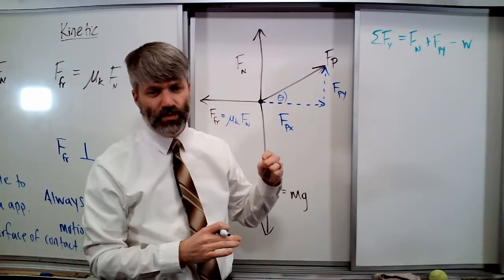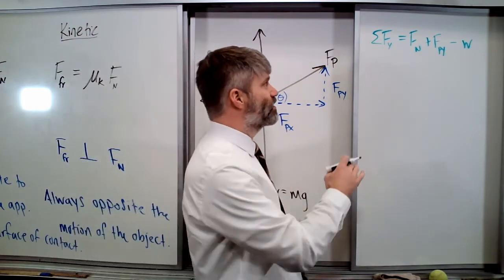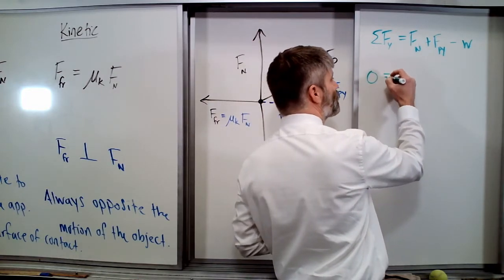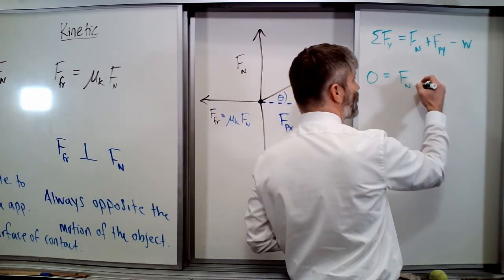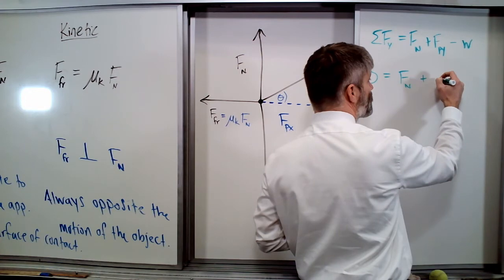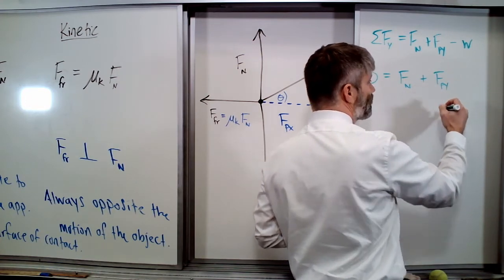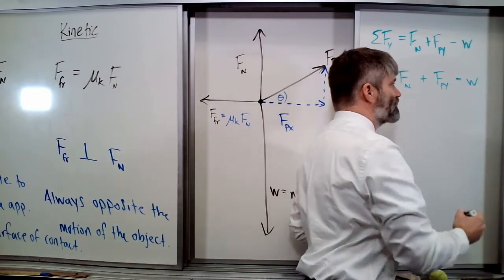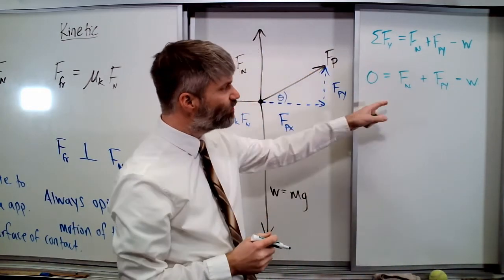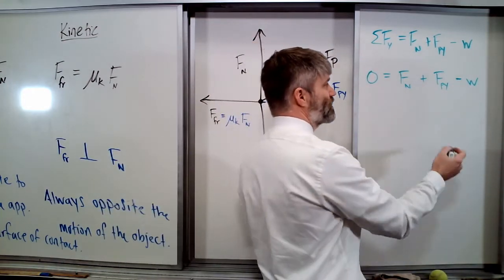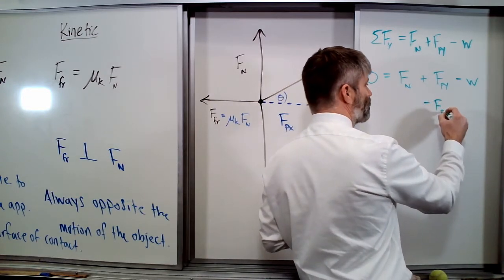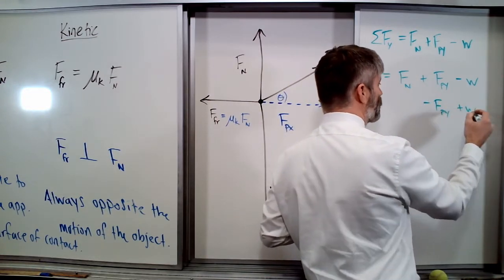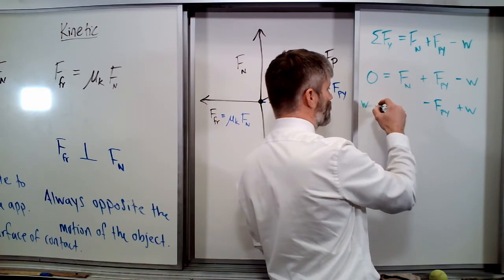Once again, the crate is not accelerating up or down, so the sum of the forces has to be 0. So we've got the normal force plus the y component of the pull minus the weight. And if we solve this for the normal force, we're subtracting F_Py from both sides and adding the weight to both sides.